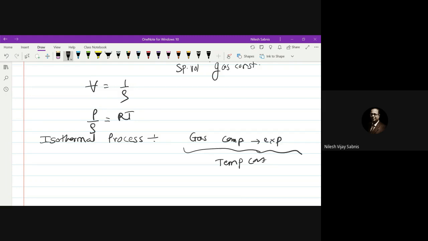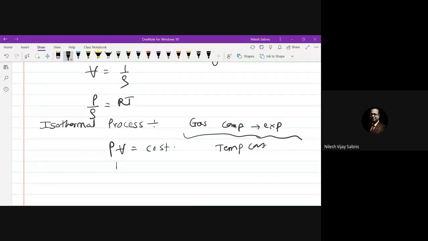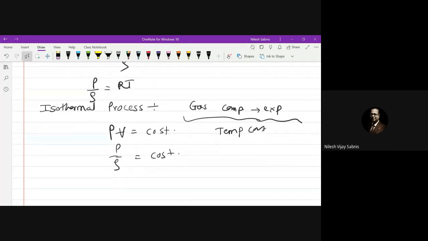If we follow compression and expansion isothermally, it obeys Boyle's law: PV is equal to constant. In other words, P by rho is constant, V being the specific volume. So this is the isothermal process.